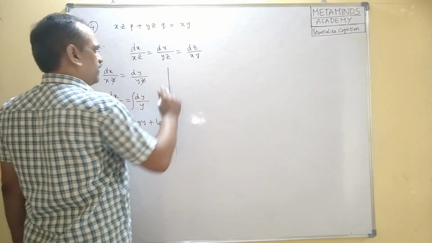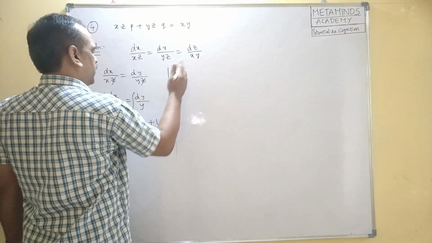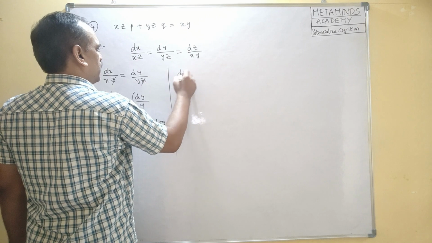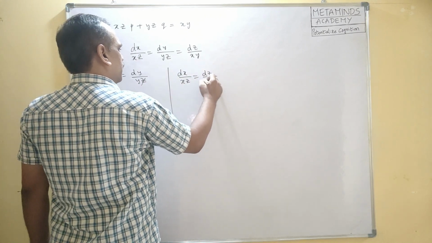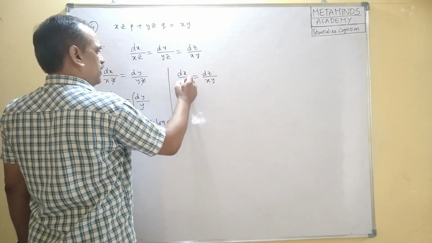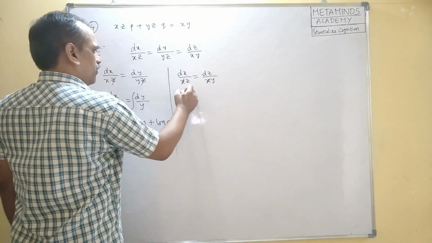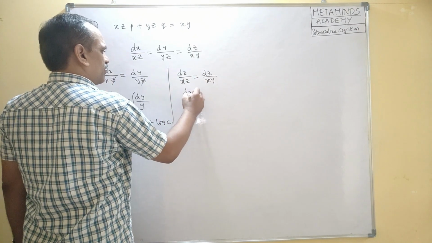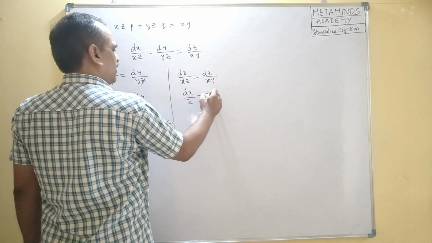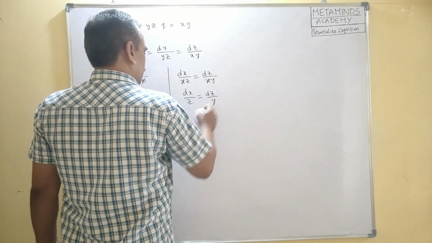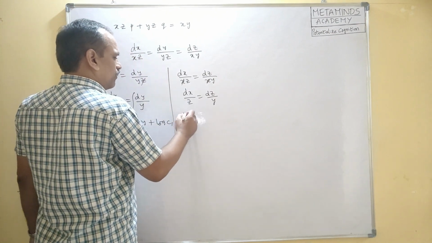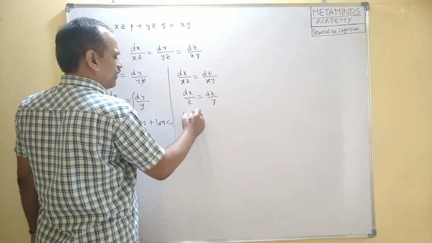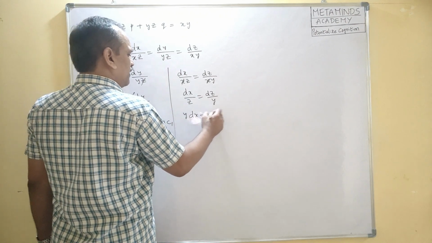Now take the second pair, first one and last one, dx by xz equal to dz by xy. So here x x cancelled, but dx by z equal to dz by y. We always look for variable separable possibility, but here what we get, y dx equal to z dz.